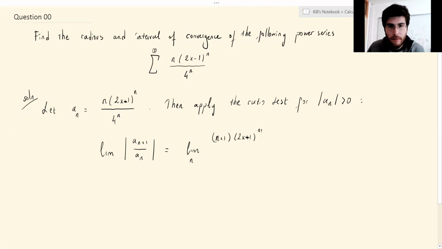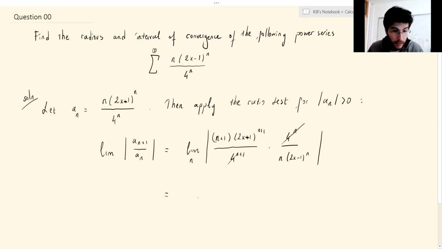Please correct this if you are taking notes. And times, of course, 4 to the n. It's not that hard to see, but we have an absolute value, of course, and we have cancellations. So this term and that one cancel out each other. But at the end of the day, we have a limit like this.